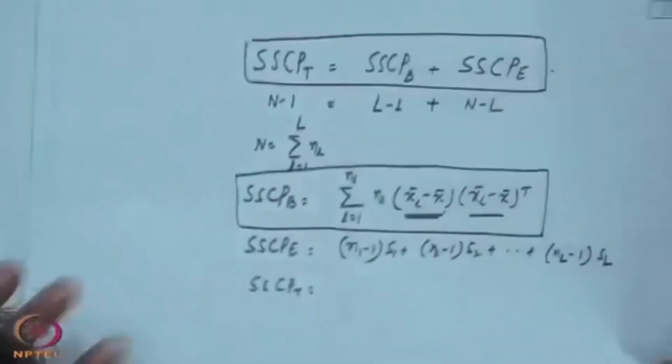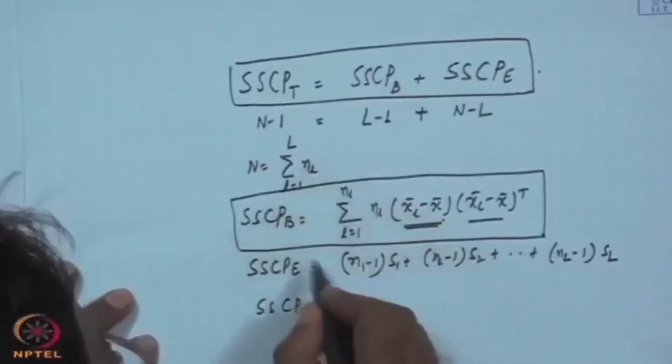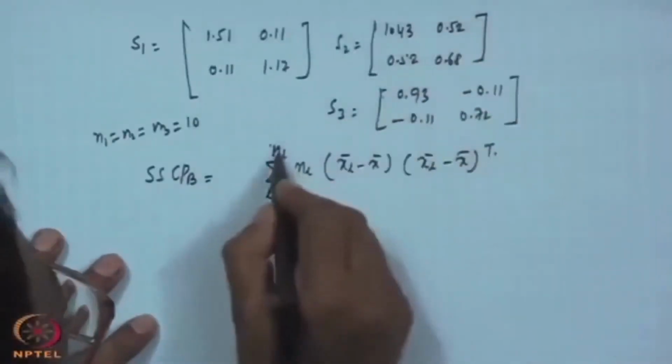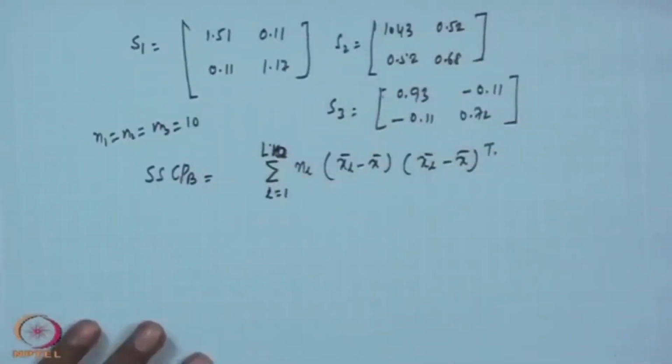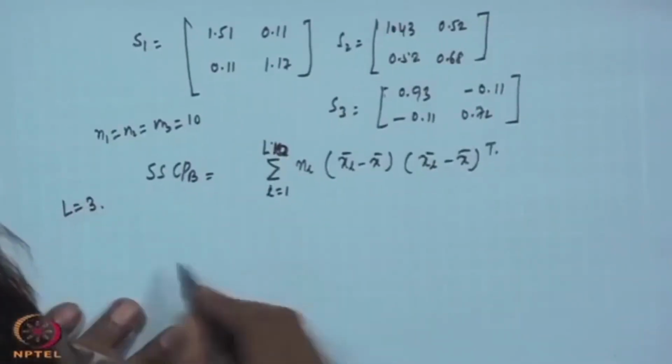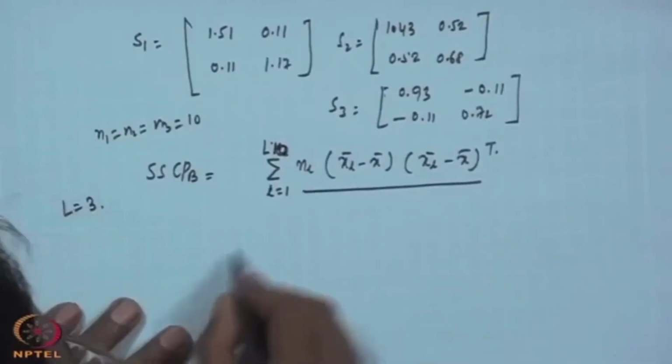I think we have done a mistake, l equal to 1 to L, this is the capital L. So, our capital L equal to 3. So, you will be getting 3 sets of values here.